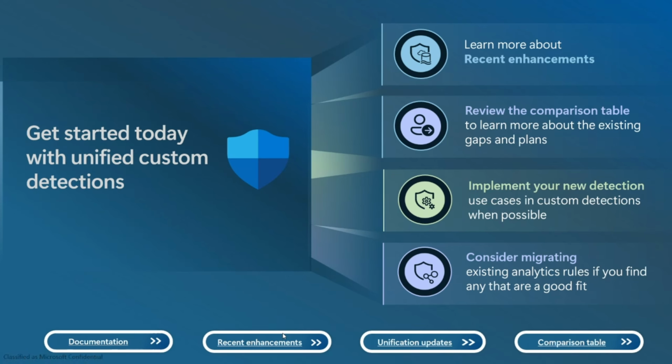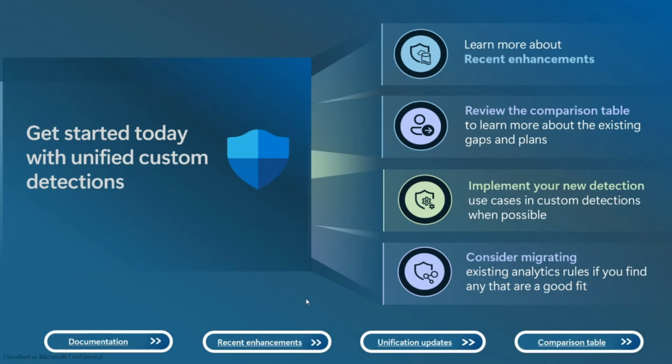Those will summarize some of the demo and benefits that I just mentioned. Now, you might be wondering, can I now start using custom detections? Absolutely, if your use case is supported with the existing custom detection capability.